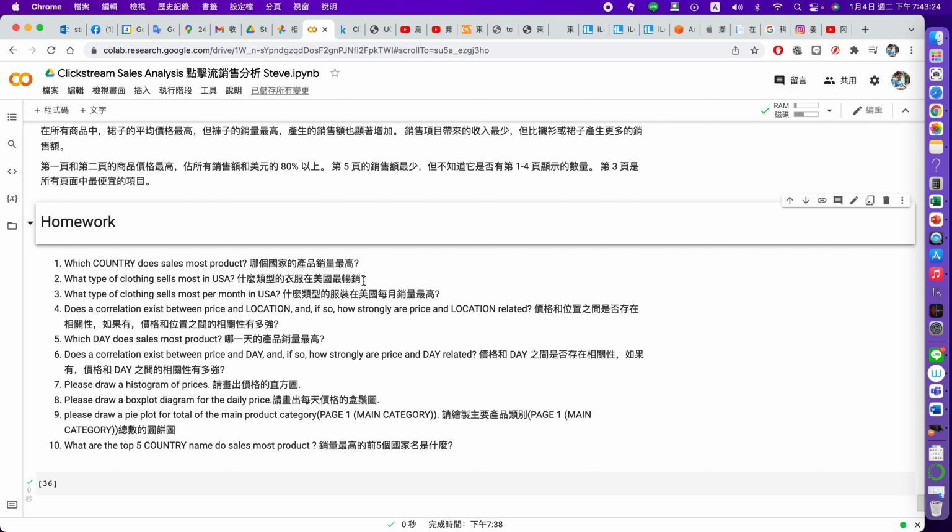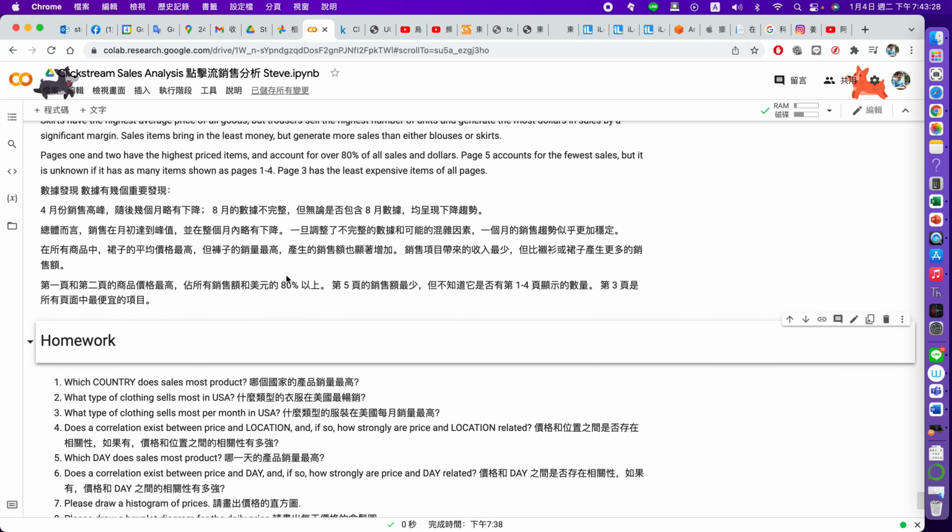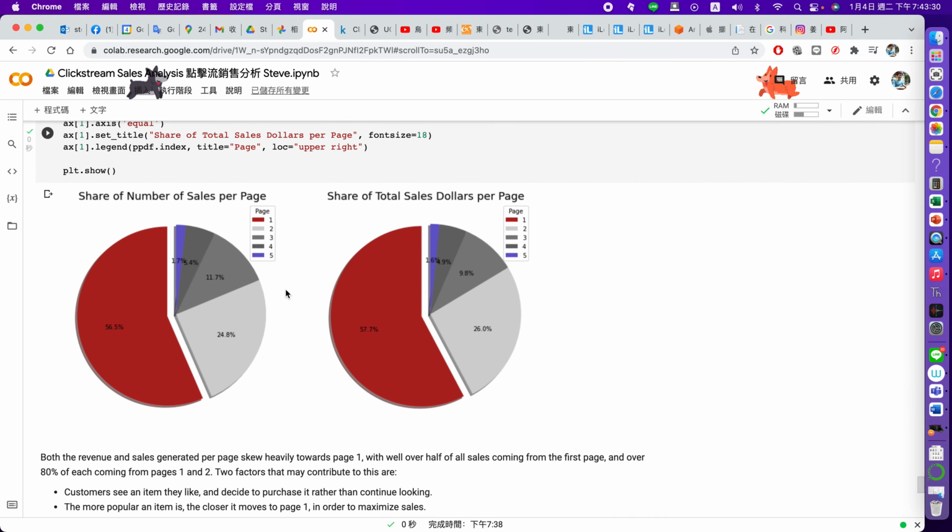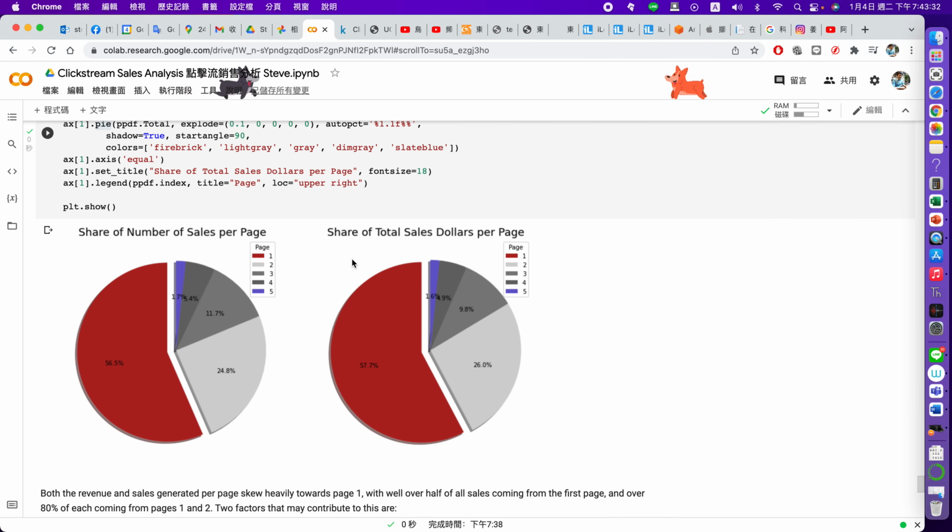So you can have your own opinions, especially if you have some diagrams. So please have your own opinions, not just copy the content from Kaggle. So you have to share your opinion with us so you can get higher scores for your final personal report.